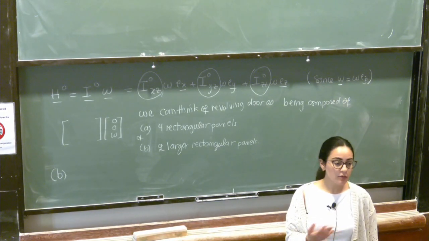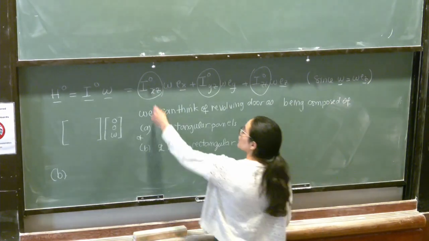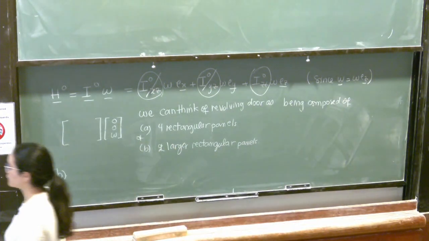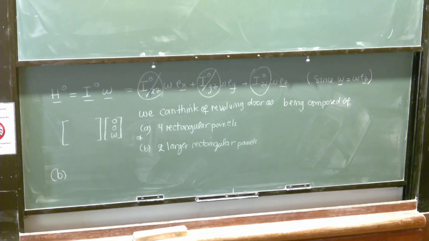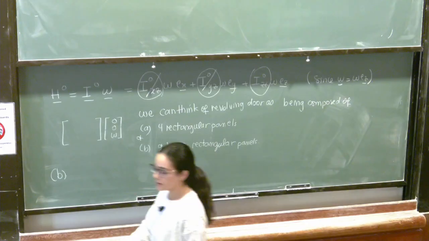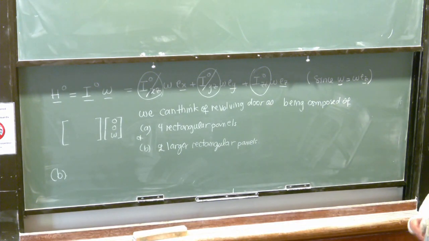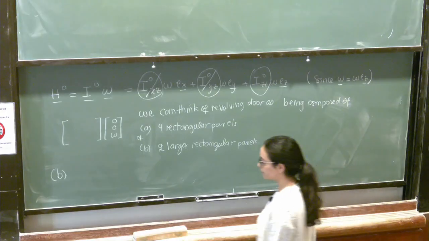They're going to be 0 because of symmetries. So all I need to calculate is IOZZ omega EZ, IOZZ omega at t equals 3 seconds. Easy. If I have IOZZ, then I can solve for omega. Okay, how do I calculate IOZZ?